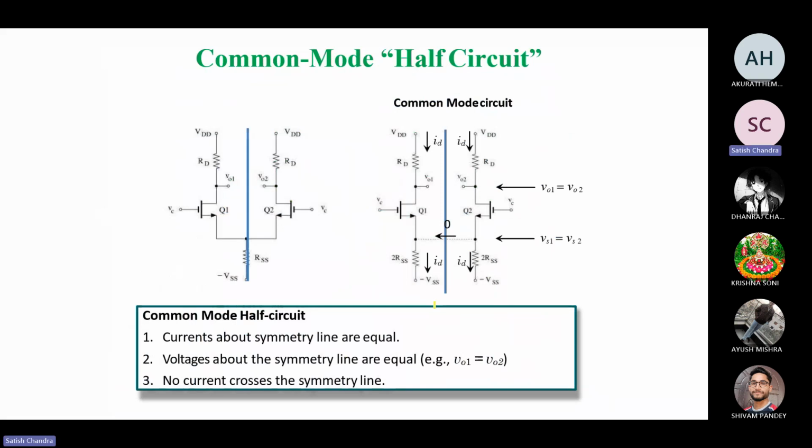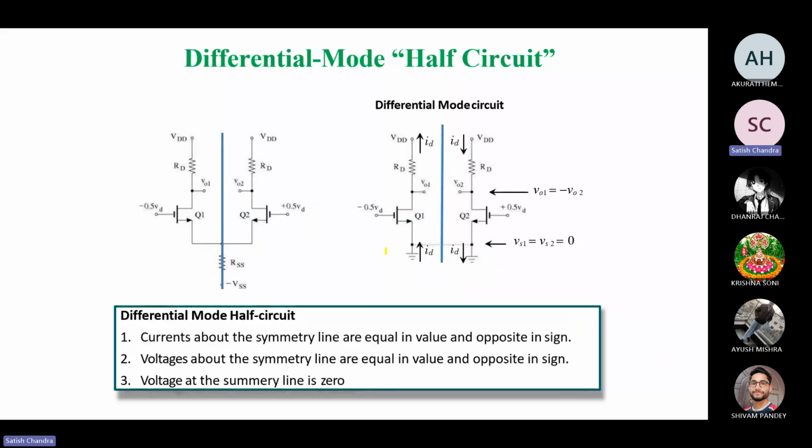In the case of the common mode half circuit, the currents about the symmetry line are equal and the voltages about the symmetry line are equal. It means V01 is equal to V02, and there is no current across the symmetry line. That is what happens in a common mode half circuit.